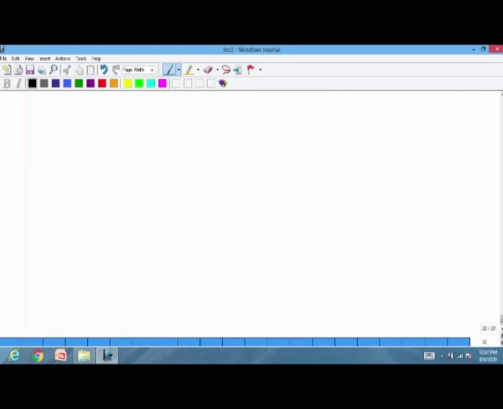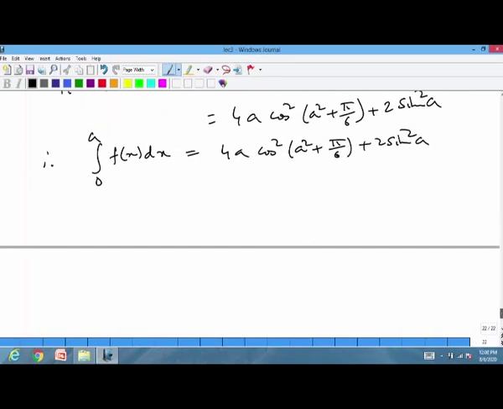And we have to find the value of f of 0. So, we can differentiate this with respect to a.